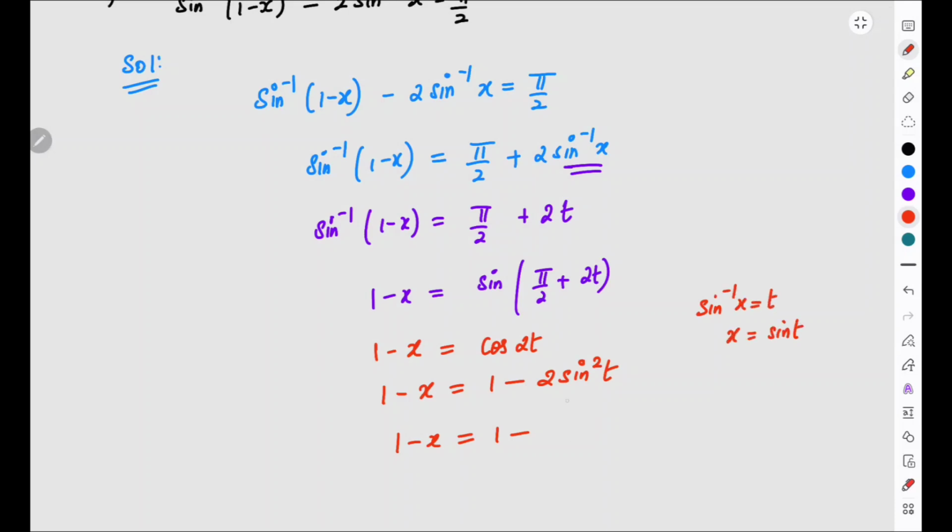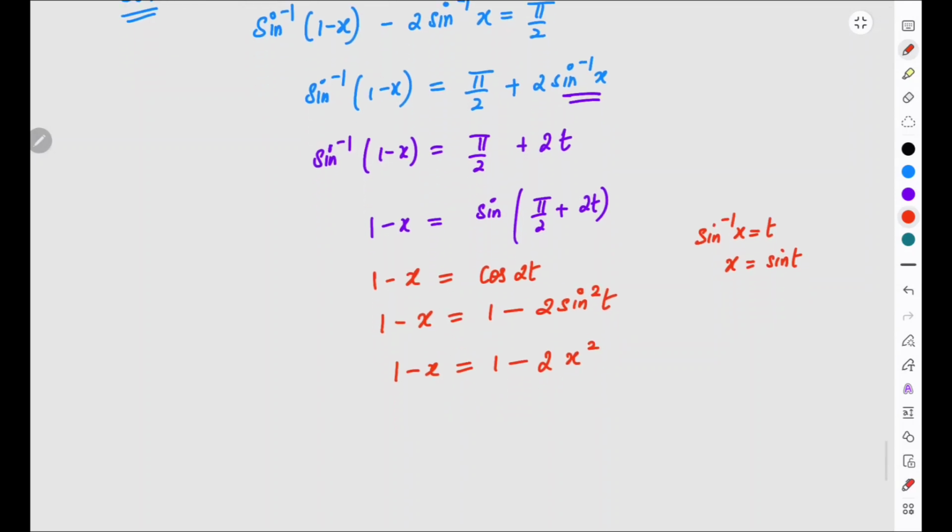So I can replace this sine t as x, so sine square t as x square. So now we get a quadratic equation 2x square minus x is equal to 0. So x common, x(2x minus 1) equal to 0. X is equal to either 0 or x is equal to 1 by 2, right?